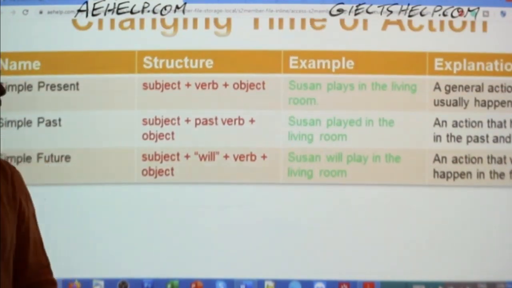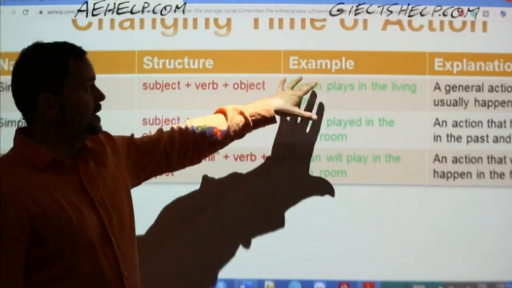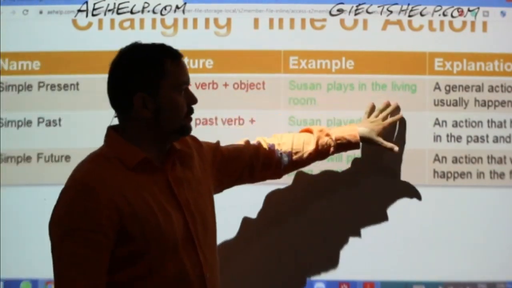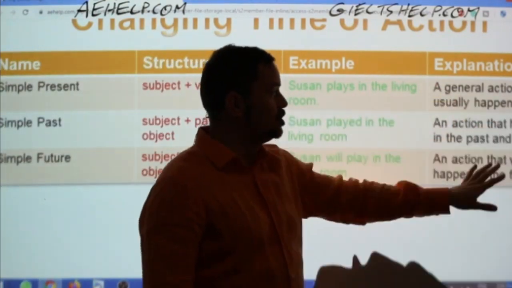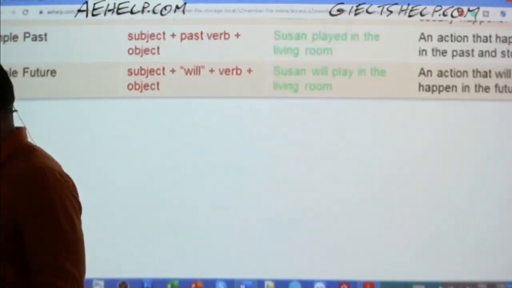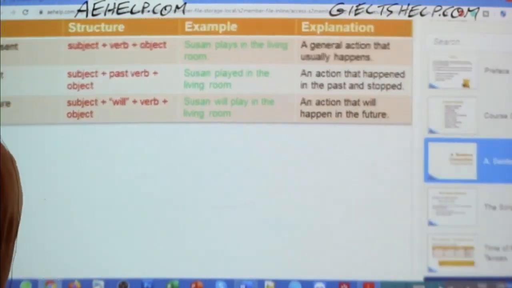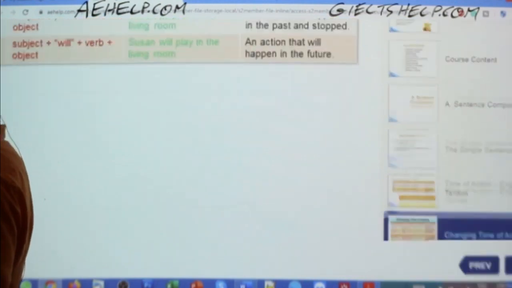So it'll say, okay, here's the name, it's simple present, here's the structure, here's the example. Susan plays in the living room, and then it'll give you an explanation, a general action that usually happens, okay? And you'll keep going along, and you will get to these much more complex ones. Let me see if I can get to these ones for you here real quick.